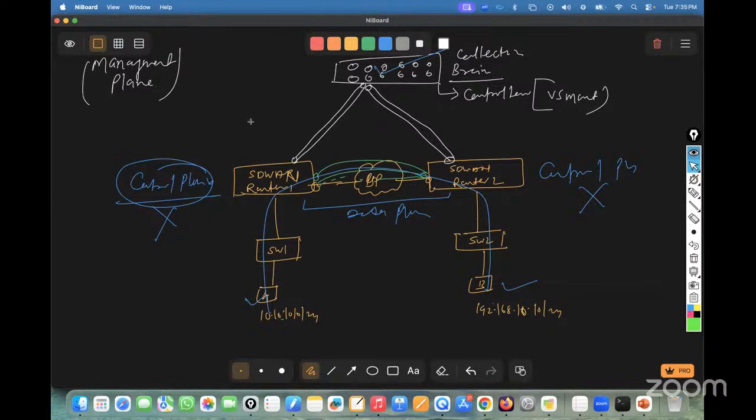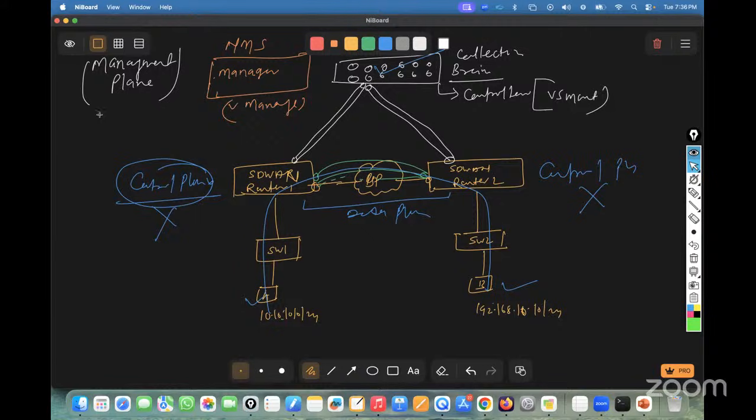This management plane device is going to be responsible for managing all SD-WAN devices, we can say the entire SD-WAN fabric. And a dedicated device is going to be used in a remote location. This is known as the NMS, Network Management System. This device is known as the manager, or you can just know it as the vManage.